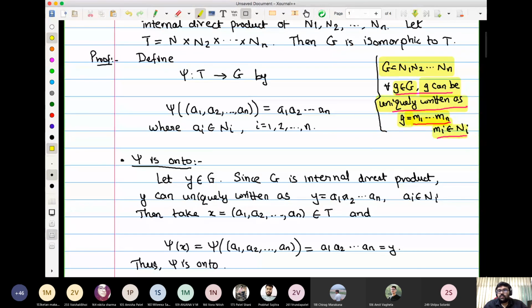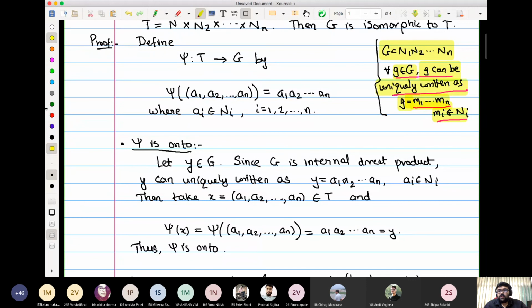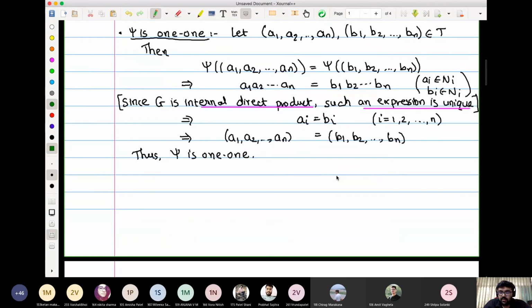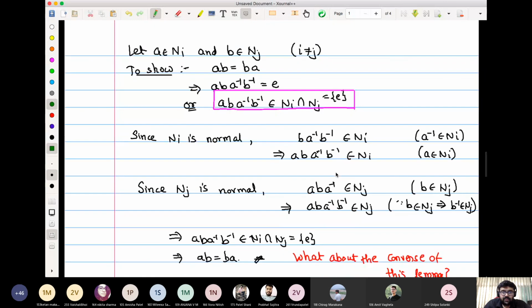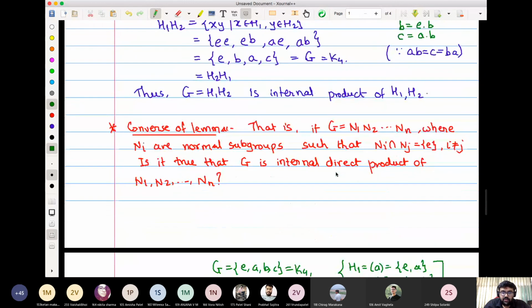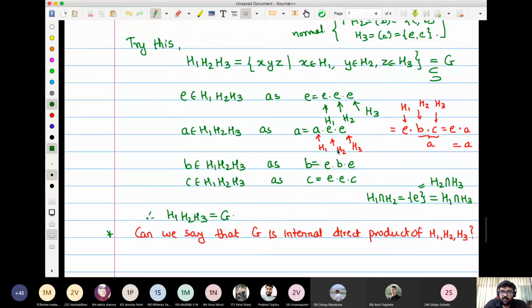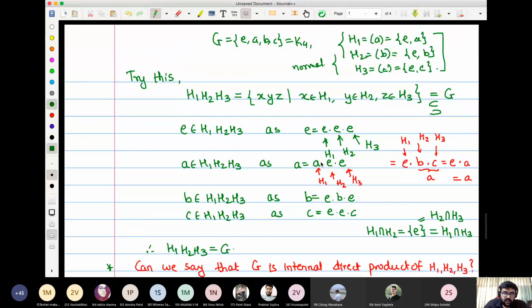There are two conditions. Here we do not have it, as one element has two different expressions. We don't have a unique expression for A. A can be written as A, E, E, where A is in H1, and E and E are in H2, H3.